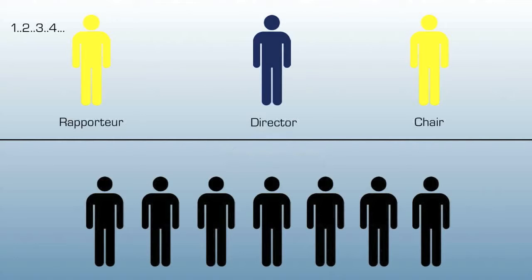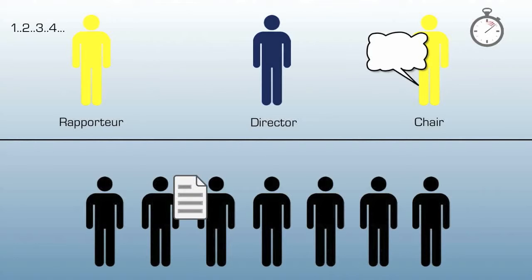The chair is responsible for keeping track of speakers' time, and most importantly, he hands or takes away a delegate's right to speak. The director is responsible for working papers and draft resolutions coming in from the delegates.